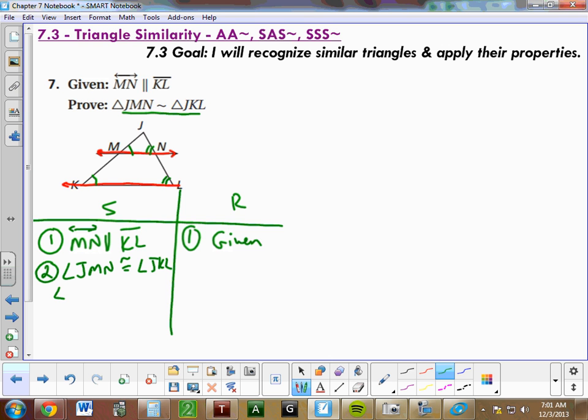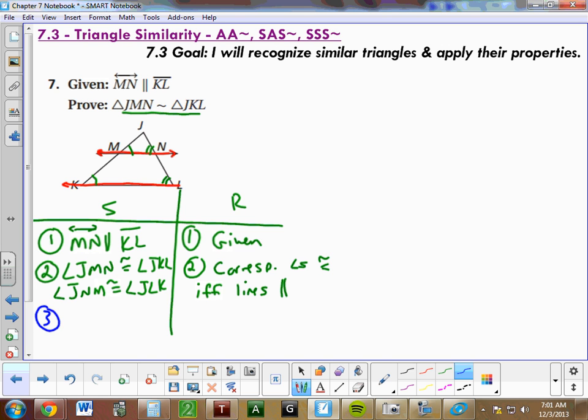And also that angle JNM is congruent to angle JLK. That's because corresponding angles are congruent if and only if the lines are parallel. You know that from chapter 3. So those are my given information, and that's what I got from my given information.